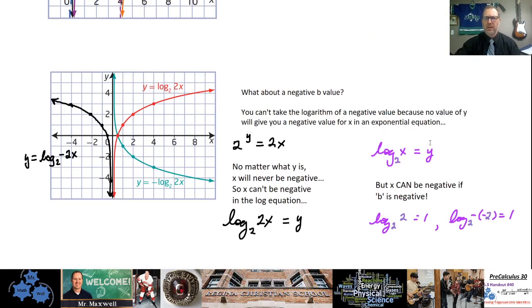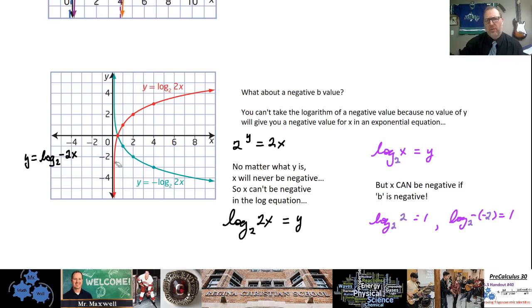I want to deal with something that could be considered a little bit tricky here, but I want you to notice something. I'm actually going to erase this and put it back later. Notice here that y equals log of 2x base 2 and y equals negative log of 2x base 2. This one is a reflection about the x-axis. That makes sense. If a is negative, that means it flips this way, okay?